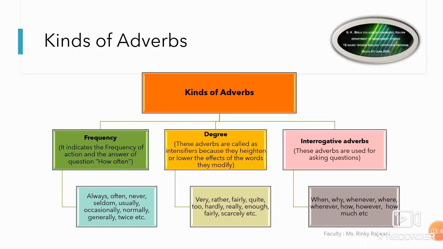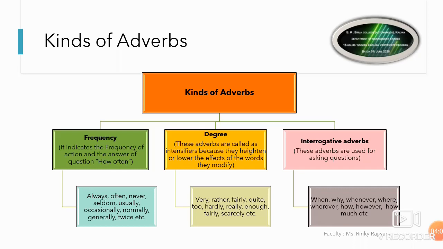I went to the temple 2 times, 3 times, generally, normally, often, never. I never go to the temple. So the first kind of adverb is based on frequency, that is the frequency of action, and this is the answer to the question how often.